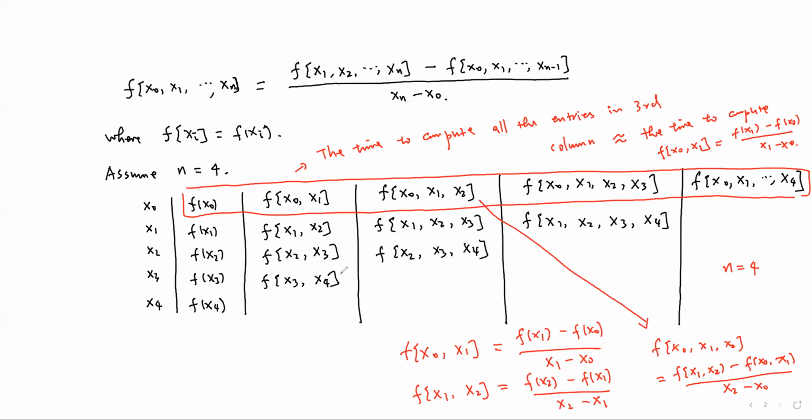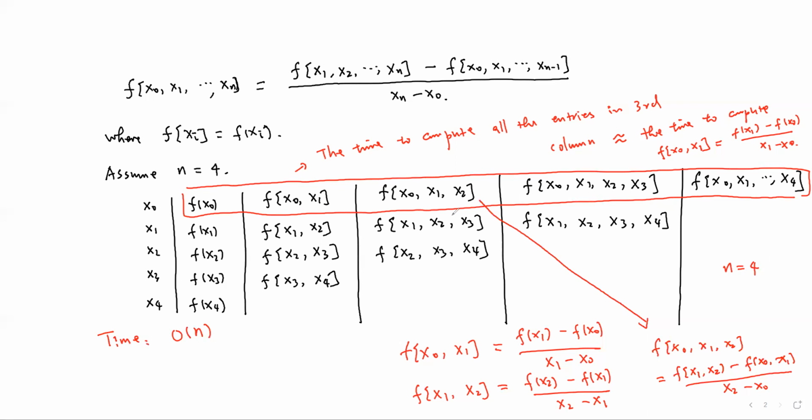So if you use this table to find the coefficients of Newton's interpolation, the time is order n.